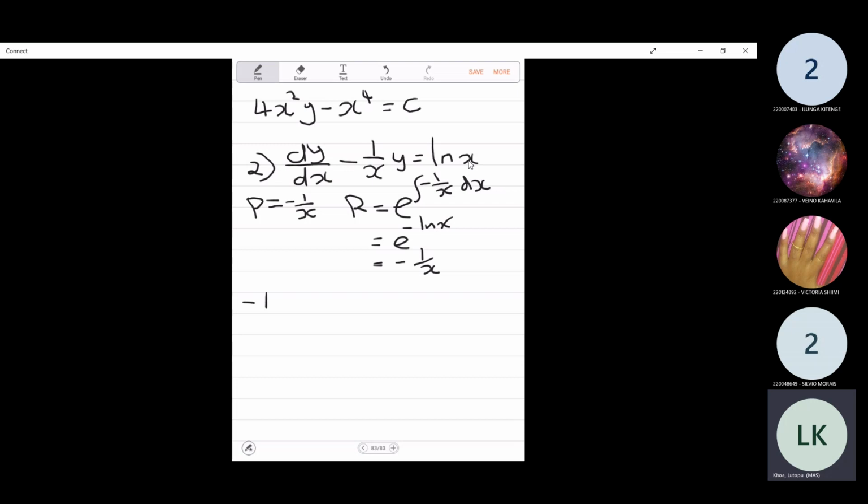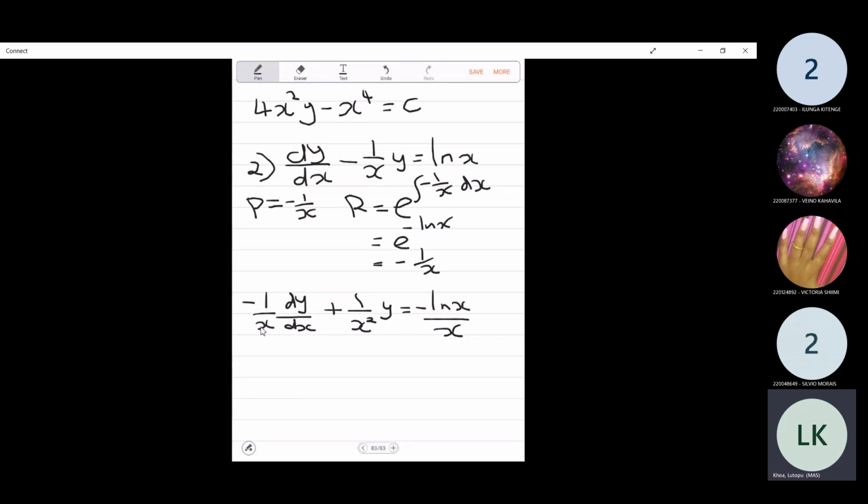And what I have is minus 1 over x dy dx plus 1 over x squared y. This is equal to minus ln of x over x. Okay, so here, just looking at this, here I have minus 1 over x.